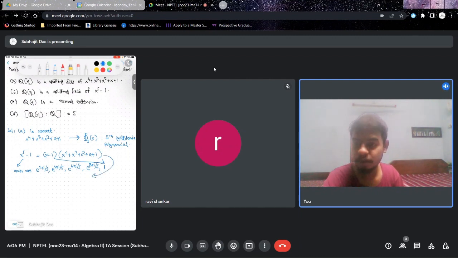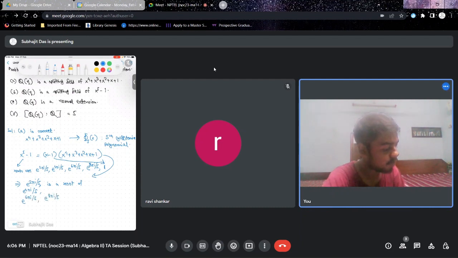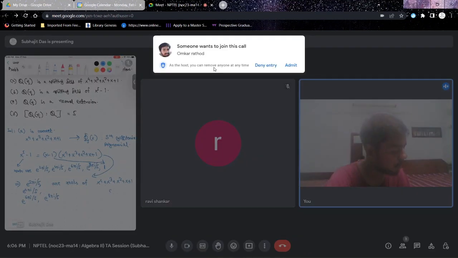X to the power 4 plus x cube plus x square plus x plus 1, which implies that not just e to the power 2 pi i by 5, but every one of them, e to the power 2 pi i by 5, e to the power 4 pi i by 5, e to the power 6 pi i by 5, and e to the power 8 pi i by 5, all these 4 are roots of the other factor, x to the power 4 plus x cube plus x square plus x plus 1.